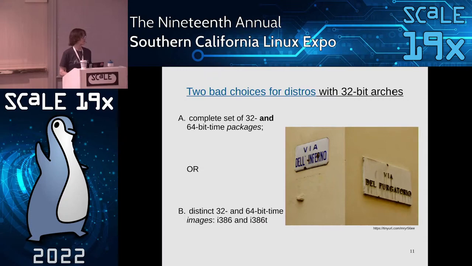And so Debian's recommended way of dealing with this problem will be to upgrade your system from i386 to i386T, which is going to require reinstallation.